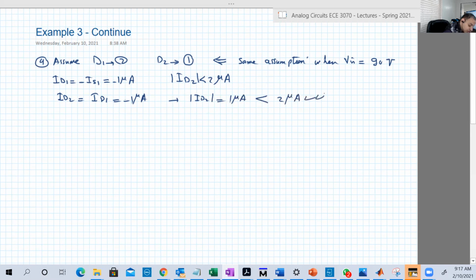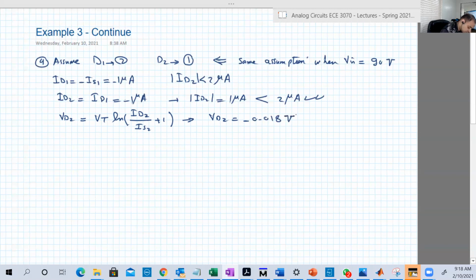So far so good. Since ID2 is now known, minus 1 microampere, we can calculate VD2. VD2 is equal to VT ln(ID2 over IS2 plus 1), and from that, VD2 is minus 18 millivolt or 0.018 volt.